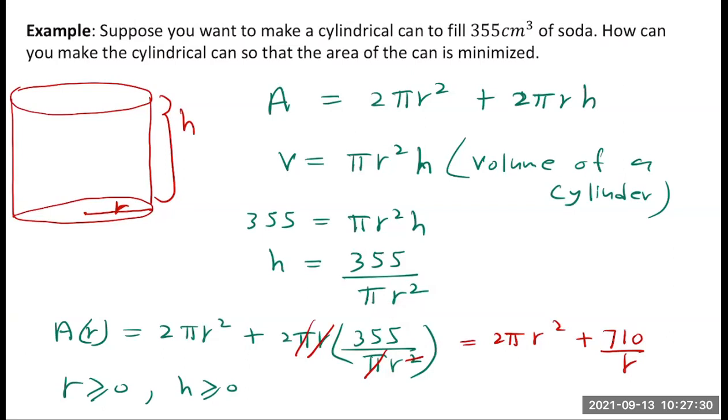So an upper bound for r would be r less than infinity. So now we have an interval for the minimization: 0, infinity. I'm going to minimize the area in this interval.